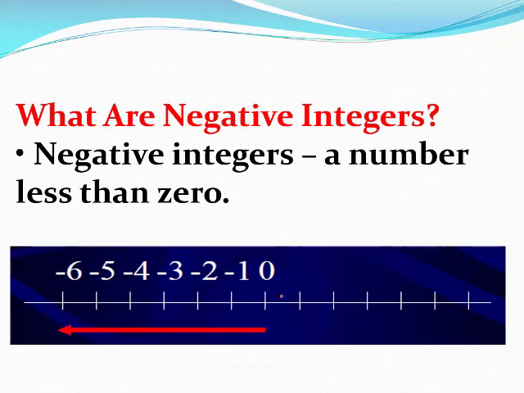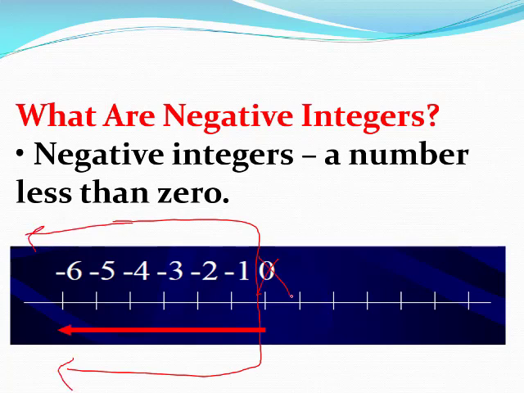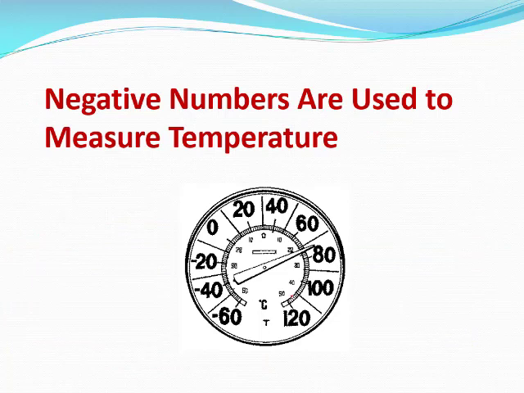The negative integers are all the numbers less than 0. So all the numbers less than 0 are called negative integers. We don't take 0 with us. So positive integers are 1, 2, 3, 4. Negative integers are negative 1, negative 2, negative 3, and so on.